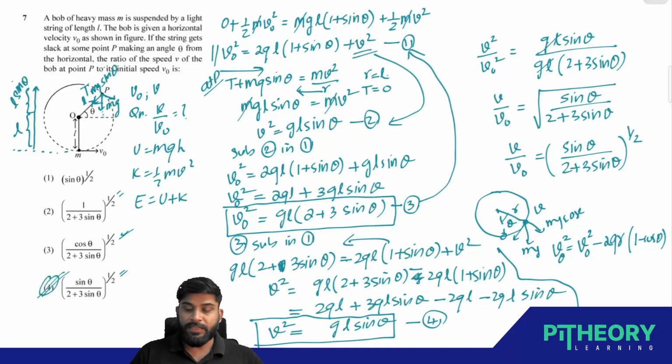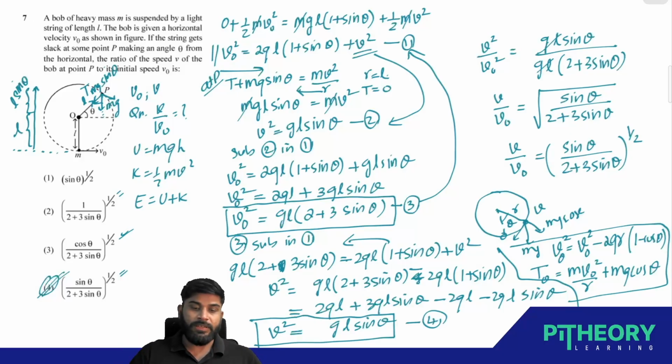And obviously in this case, the tension T theta will be equal to m V theta square by R plus mg cos theta. So directly using this equation also, we can apply this to the problem, where this equation is derived with energy conservation, right? Whatever we have done in the initial steps, you can directly jump over to this.